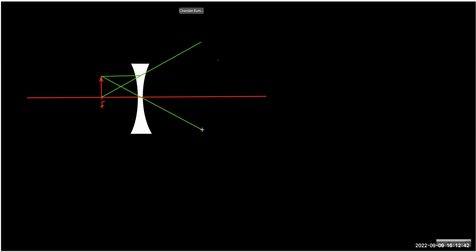So no matter what I draw, the answer is fixed. If I take here, then what will happen? So still between. There is no option. The image will always form between the object position and the focus.